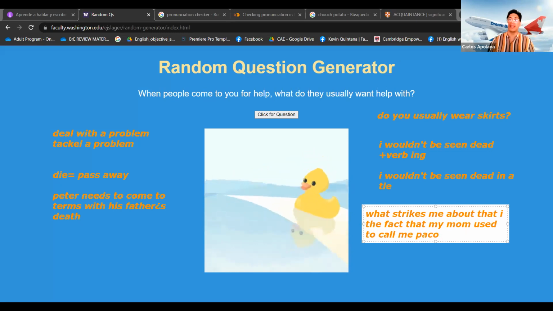What strikes me about that, es lo que más me llama la atención de eso, de la pregunta. What strikes me about that question is the fact that my mom used to call me Paco. Lo que más me llama la atención de la pregunta es el hecho de que mi mamá me llamaba Paco. You see? Okay. Perfect. Okay, so now we're gonna stop here.